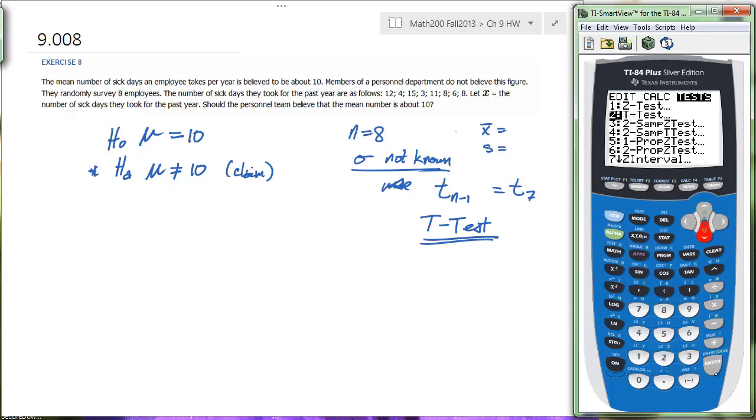Second one down is our t-test, and this time we have the data, so we're going to select data, and the calculator is going to ask us, okay, what is our mu that we're testing? The mu that we're testing is 10. So let's go ahead and punch 10. Next thing they ask for is, since we're choosing data, where's your list? Where did you put the data? Our data is in L1.